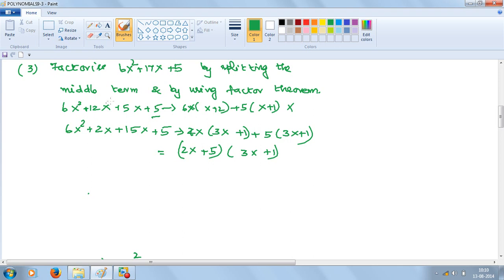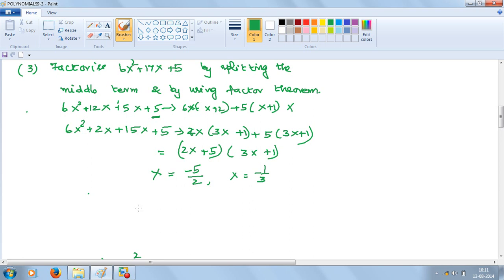If the equation becomes 0, then either 2x plus 5 is equal to 0 or 3x plus 1 is equal to 0. So what is the value of x? x will become minus 5 by 2 or x equal to minus 1 by 3.